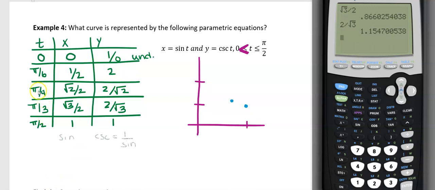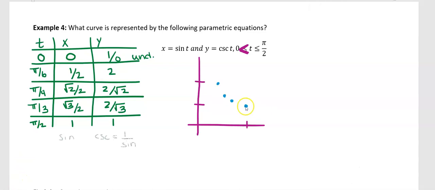So I'm going to plot the pi over 4 and pi over 6, and then we'll talk about the 0. As you can see, by plotting these points here, we're starting to get this nice curve. Now this last one is going to be, as it's approaching 0, we're getting undefined. So we're going to have that nice vertical asymptote there, and it's just going to continue up in that direction. Notice I'm not extending it out in the forward direction because my largest t value is pi over 2.